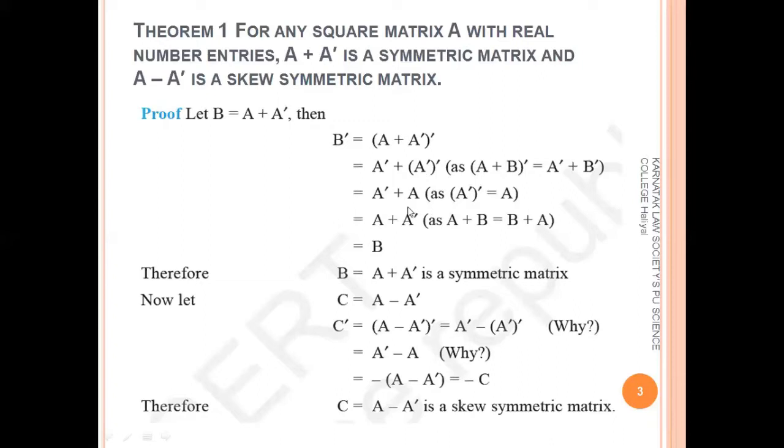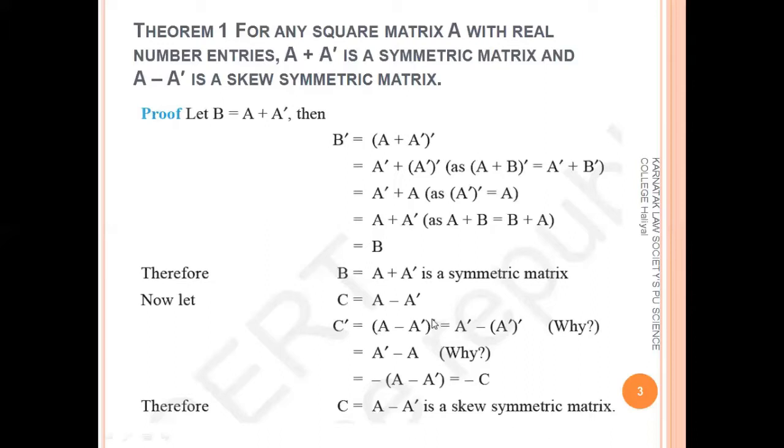So, by the commutative property of addition, we can write it as A plus A dash, which is equal to D. So D dash is equal to D. Therefore, D equals A plus A dash is a symmetric matrix.